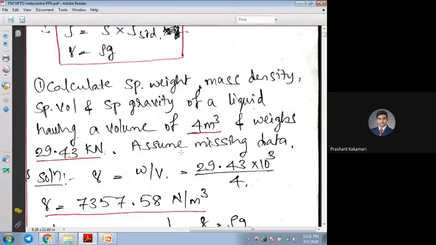And one note is given here, assume missing data. Assume means you have to assume for the standard liquid. Whenever you take the ratios for standard liquid, water, we need to assume, as we have assumed in the last problem. So try to solve this problem for finding specific weight, mass density, specific volume, and specific gravity. The given values are just 4 meter cube, 29.43 into 10 raised to 3 newtons. Okay.